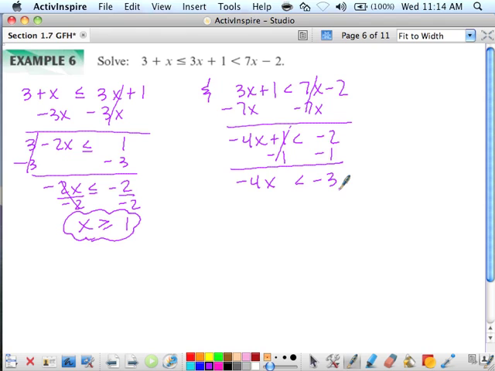Divide both sides by negative 4. Remember that when you divide by a negative, you have to reverse the inequality, so it becomes x is greater than positive 3/4. Those are the two things that are going to determine my final answer. X has to be greater than or equal to 1, and x has to be greater than 3/4.